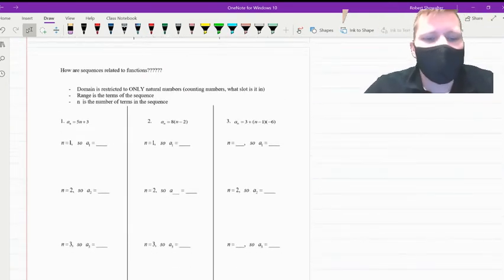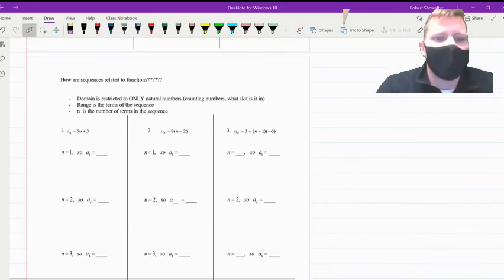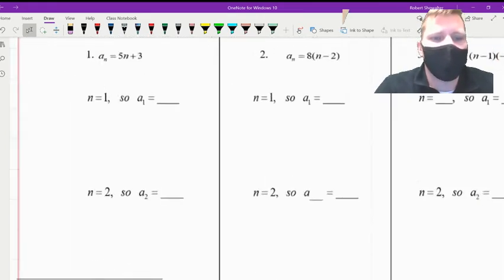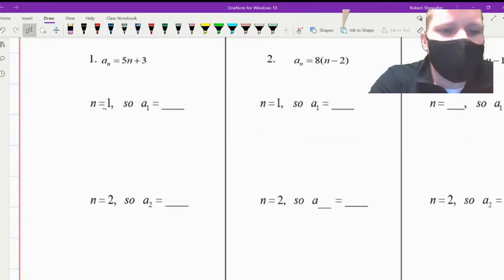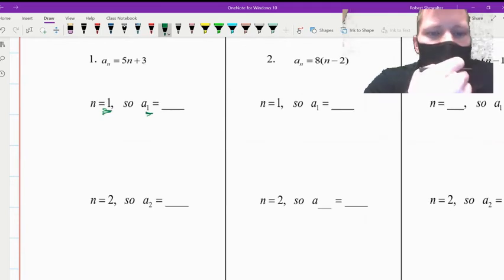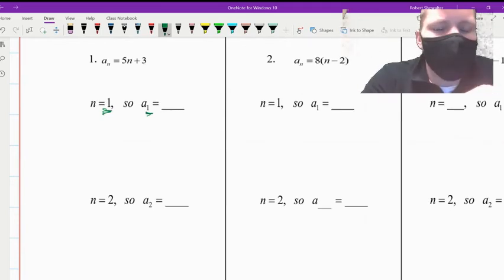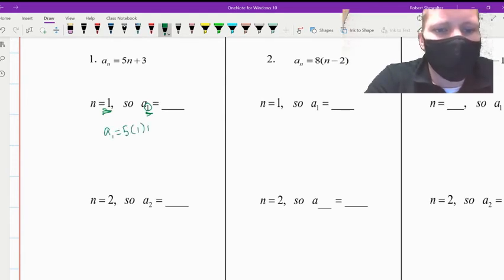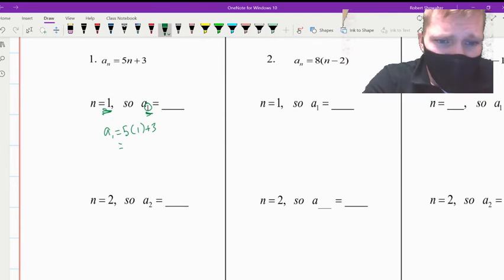So when we go to generate some of these things, let's look at the next page at number 1 here. If n is 1, A sub 1, using the explicit rule, we're going to take the 1 and put it in for n. 5 times 1 plus 3, and we get 8.